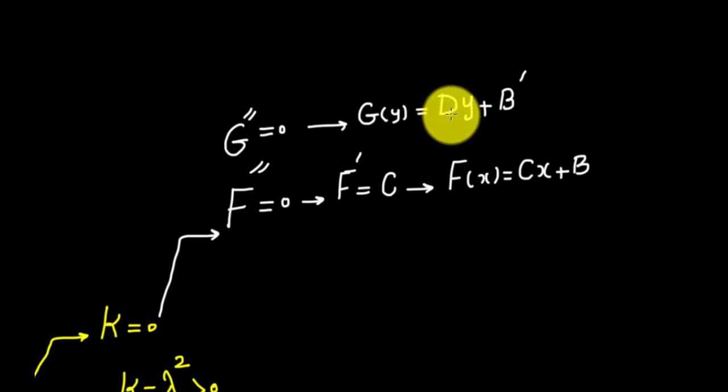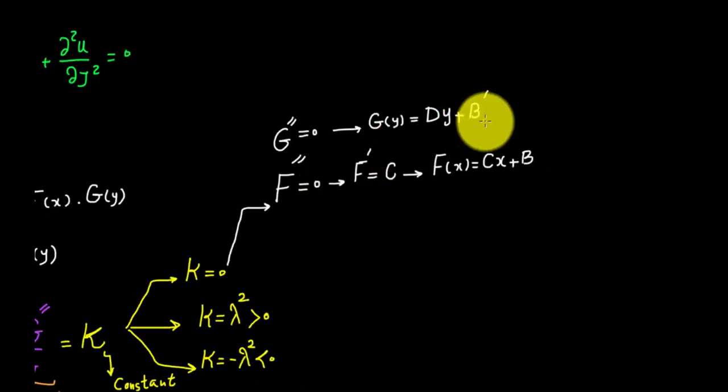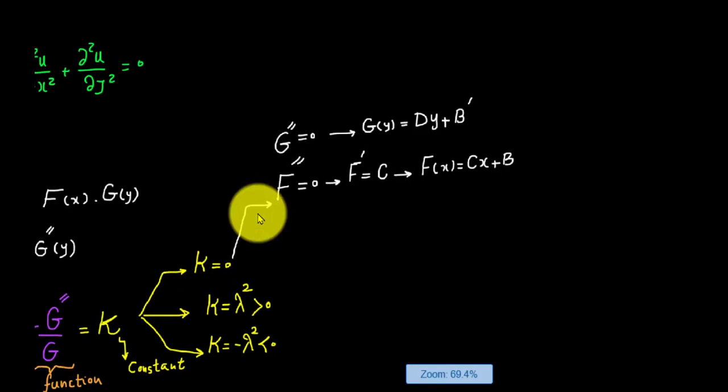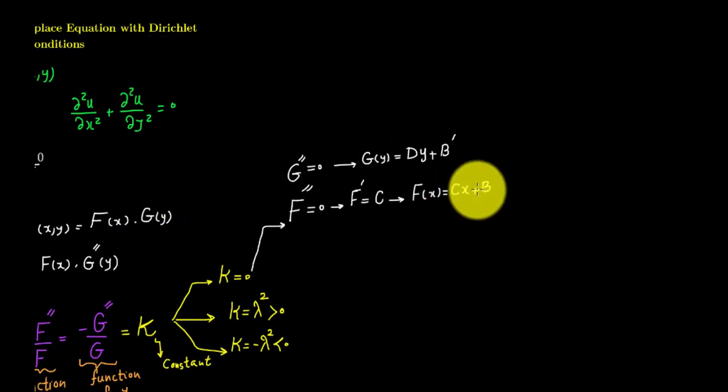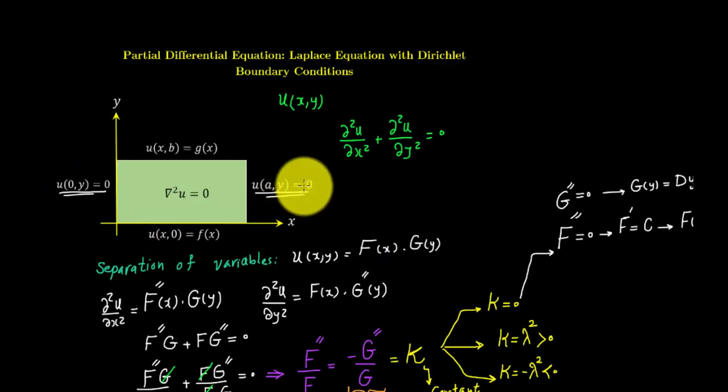So we don't know what d, c, b, and b prime are, but we do know that they have to be linear functions of x and y, provided that this constant k is equal to 0. Now, to be able to find these constants, we have to focus on boundary conditions.